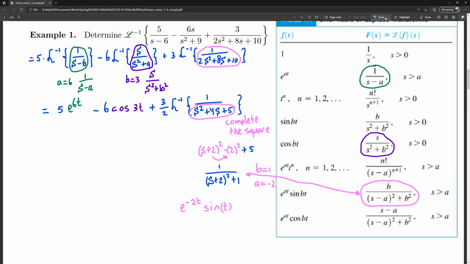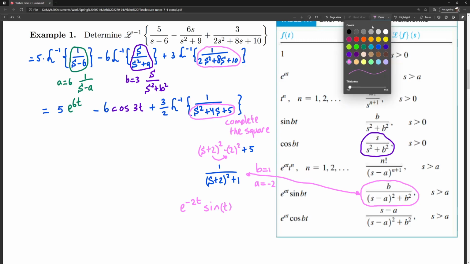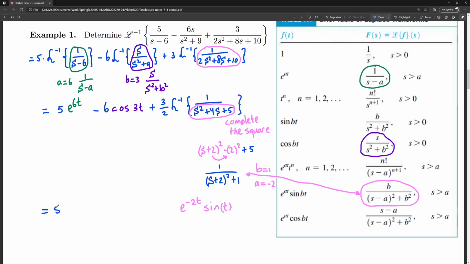And my entire solution is given by 5e to the power 6t minus 6 cosine of 3t, and then plus 3 over 2 e to the power negative 2t sine t. So that is the inverse Laplace transform of this expression.